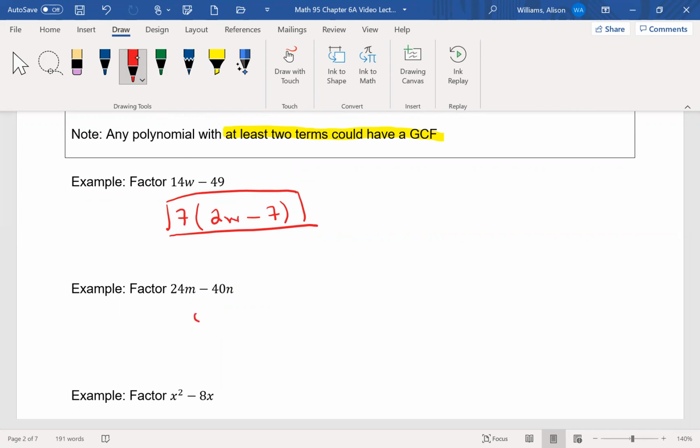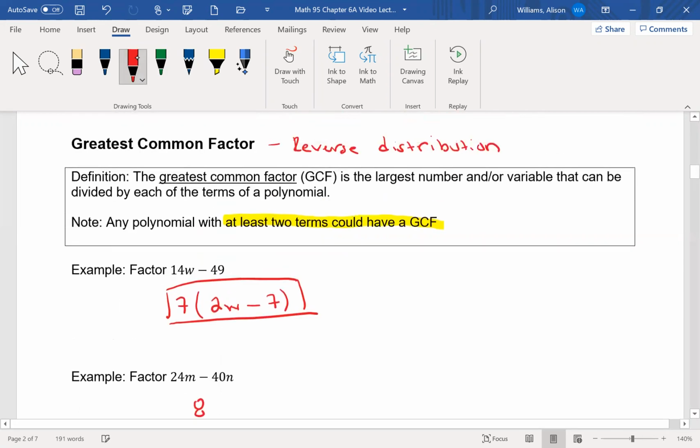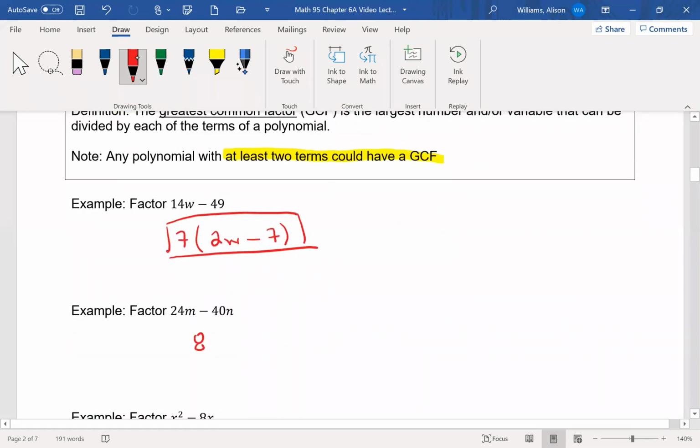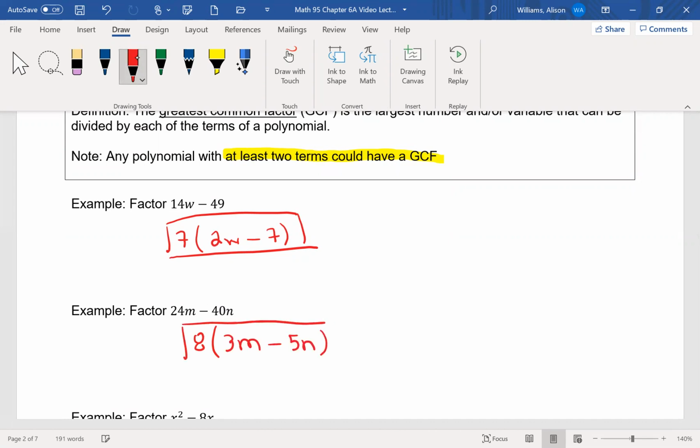We want to use 8, because we are finding the greatest common factor. So we want the biggest amount possible to be factored out. So because 8 goes into both terms and it's the biggest amount, that is what we want to factor out. So if I factor out 8, I get 3m minus 5n. And that's done. Now here's what's kind of cool.